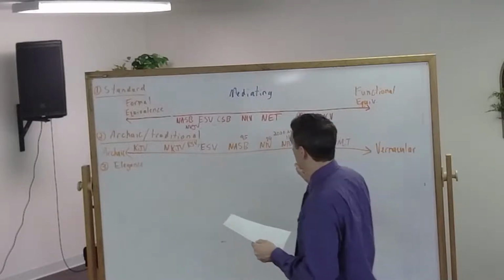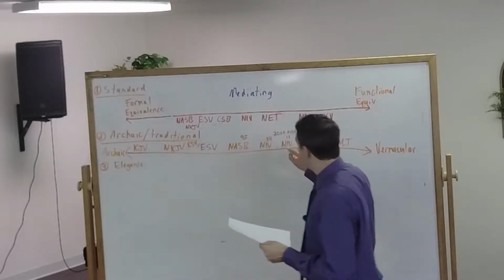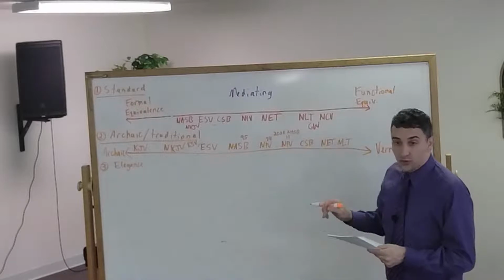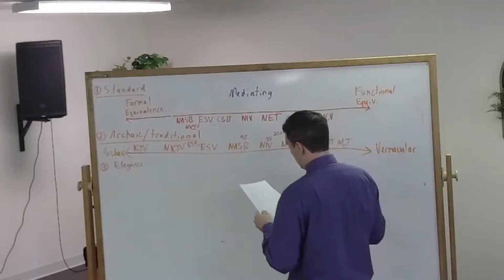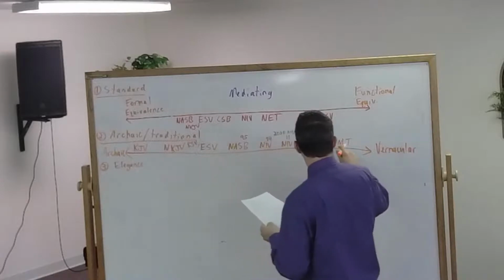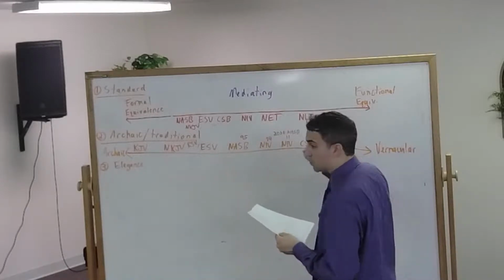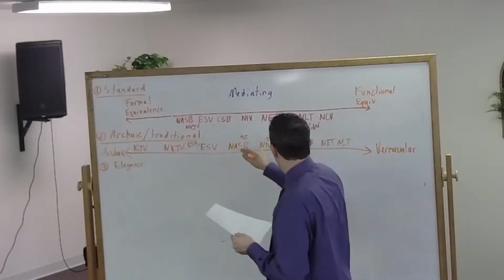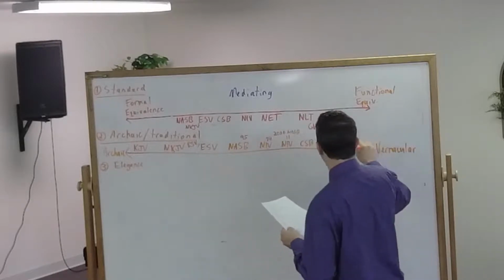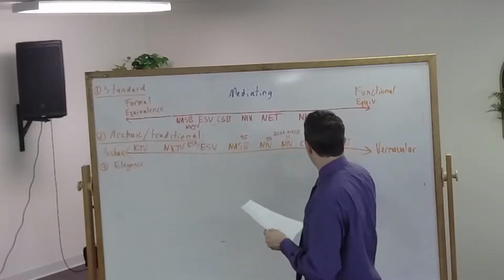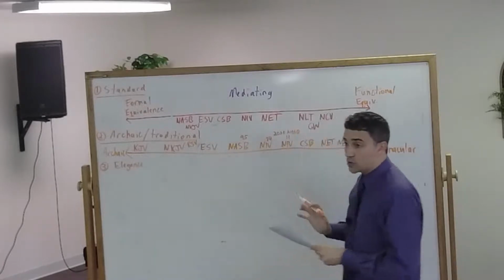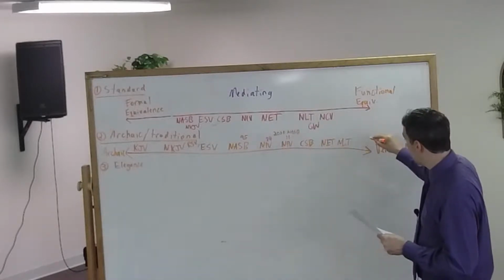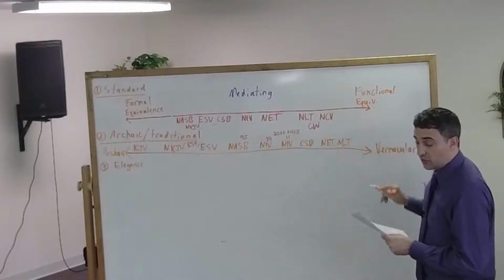But interestingly, the NIV 11 and the 84 both use the word shall. And actually, even the NET and NLT occasionally use the word shall. So you can make a chart, and it would be slightly different, because the CSB is the only translation of these that has no use of the word shall. So it would actually be way over here when it comes to the vernacular.